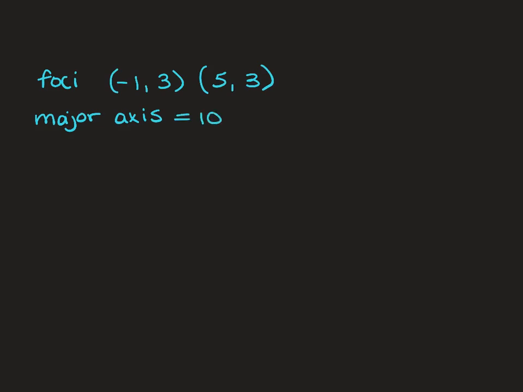Okay, so let's say I've got foci (-1, 3) and (5, 3). So this is my foci. I know that my center is halfway. So if the distance here is 6, halfway between, or the midpoint, is my center.